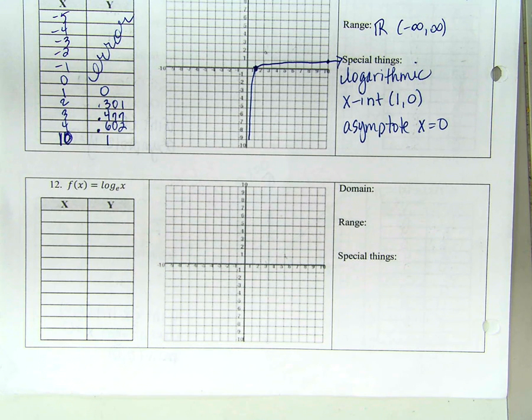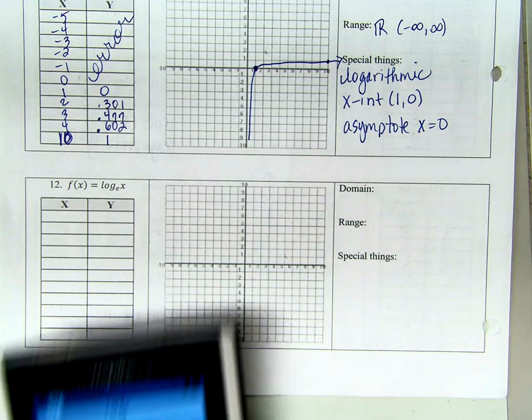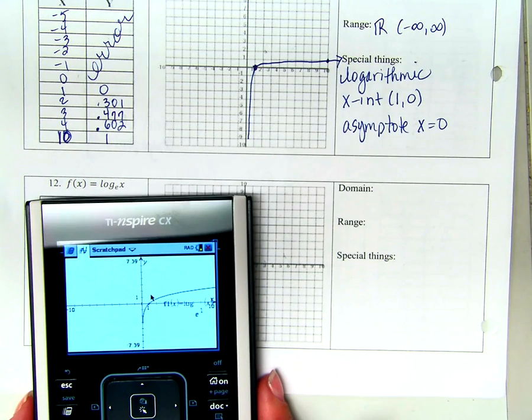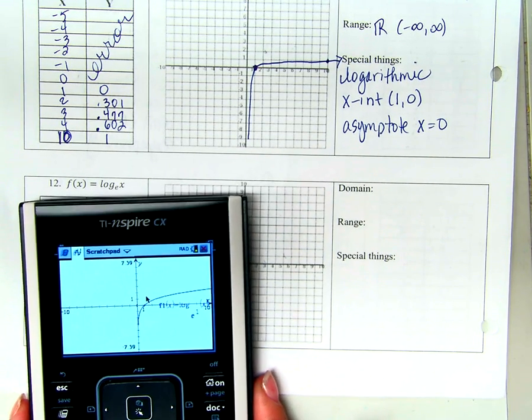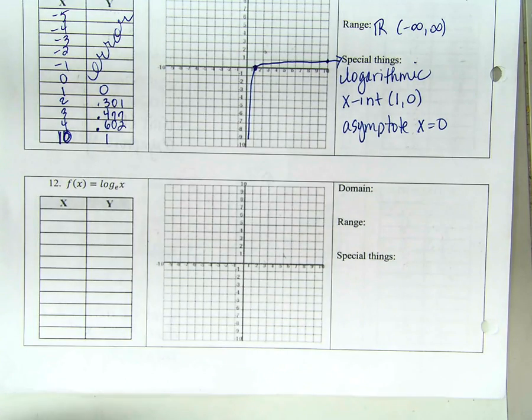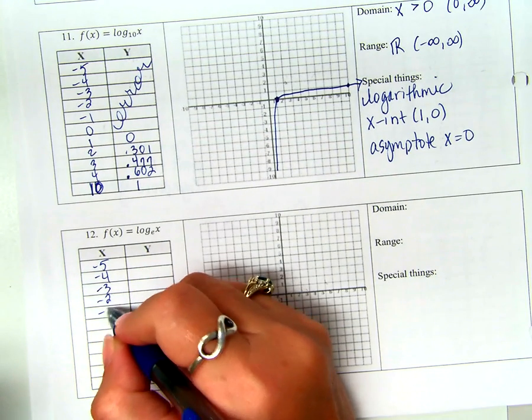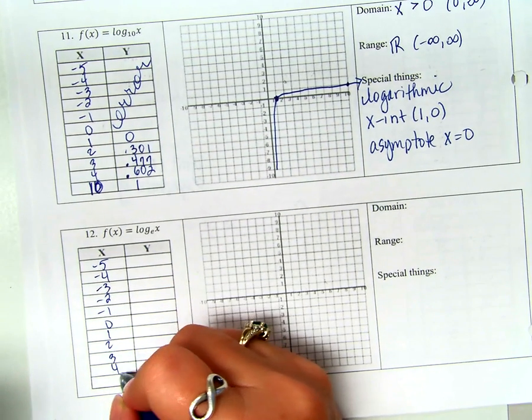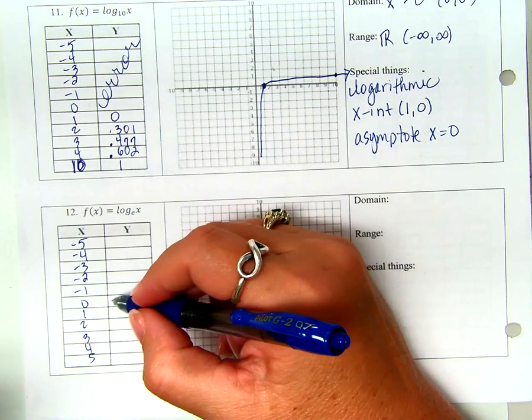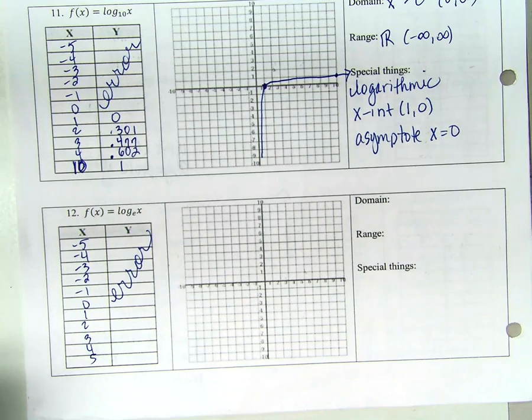Control T, get rid of the table. Log base E. Does it look any different? A little bit, right? So we kind of have a general idea of what to expect. So all these are errors.